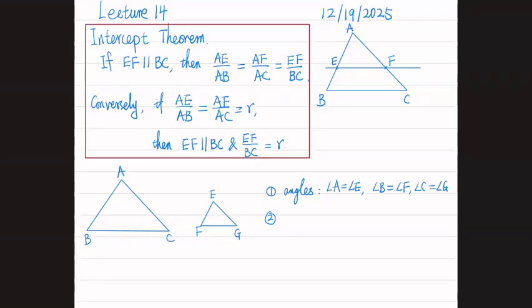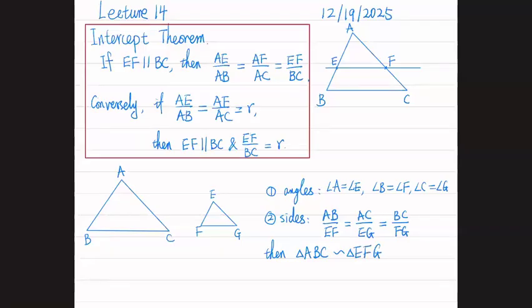Okay. So the second set of conditions for sides: A, B, A, C. If these two sets of conditions hold, then we say the two triangles are similar.